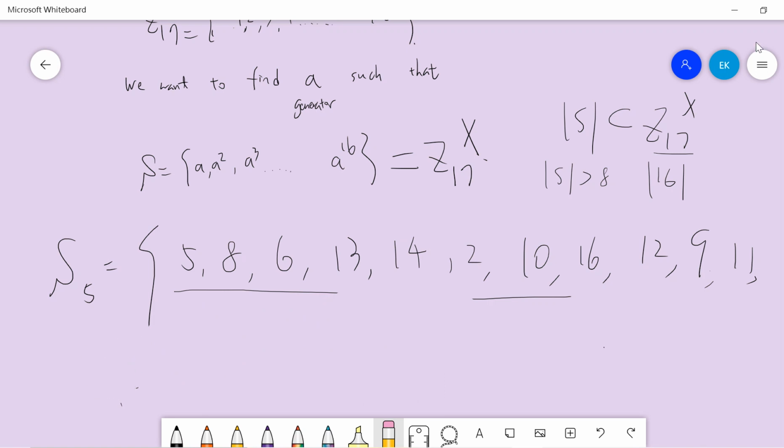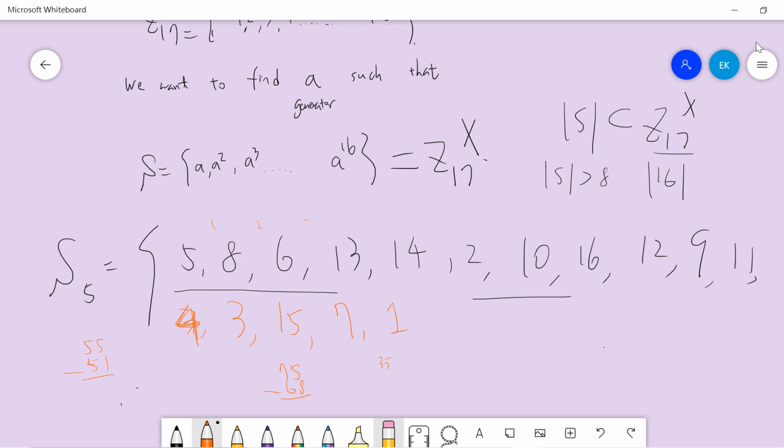So 11 times 5 is 55. 55 modulo 17 is 4, right. So 4 times 5 is 20. 20 modulo 17 is 3. 3 times 5 is 15. Then 75 modulo 17 is 7, and 35 modulo 17 is 1.